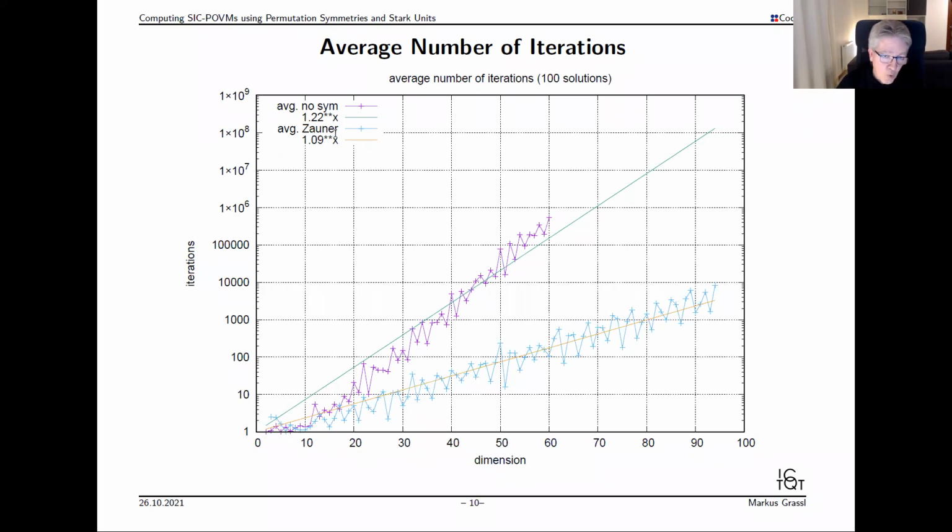When we impose the Zauner symmetry, we can lower the base from roughly 1.22 to 1.09. But again, we have an exponential running time scaling with dimension. I did this exploration up to 95 with Zauner symmetry and up to 60 without.